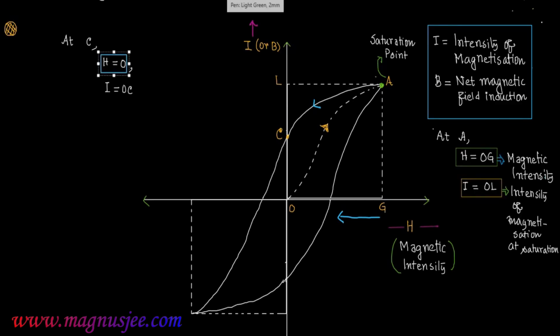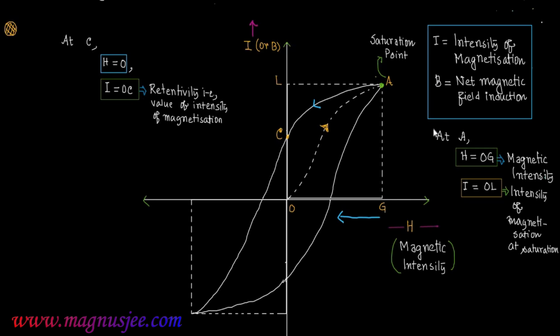That means if the magnetic field strength is reduced to 0, then at the point C the value of H is 0, but the intensity of magnetization has some value, I is equal to OC on this hysteresis loop, which is called retentivity, the value of intensity of magnetization when H is equal to 0, that is, when the external magnetic field is removed.